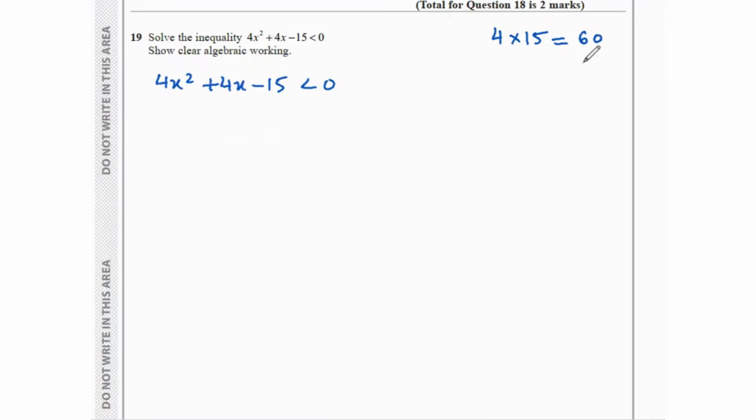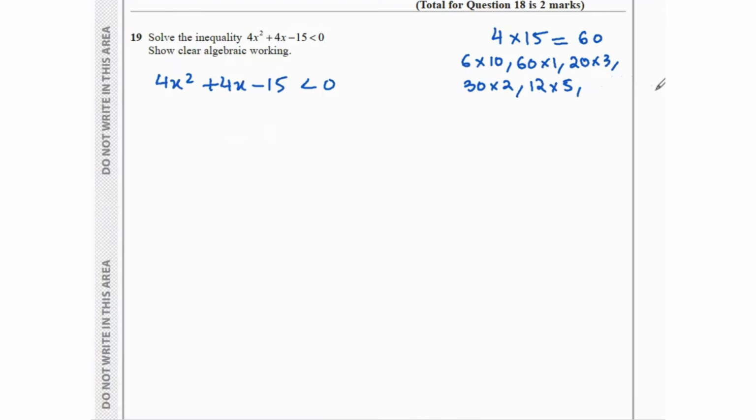Now we need to write factors of 60. We have 6 and 10, 60 and 1, 20 and 3, 30 and 2, 12 and 5, and what else? I think that's about it, there is no other factor.